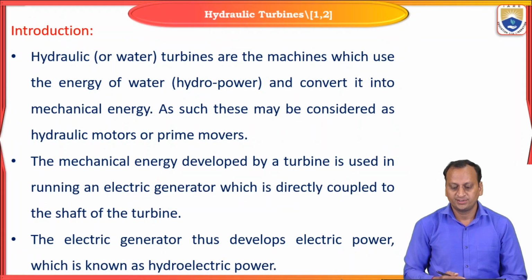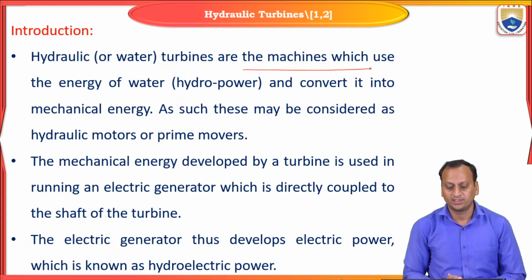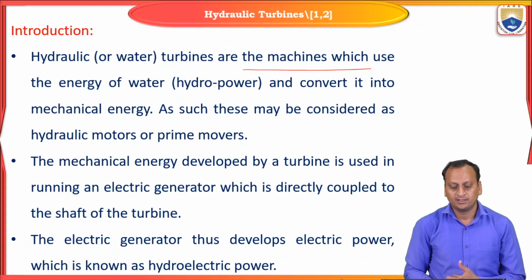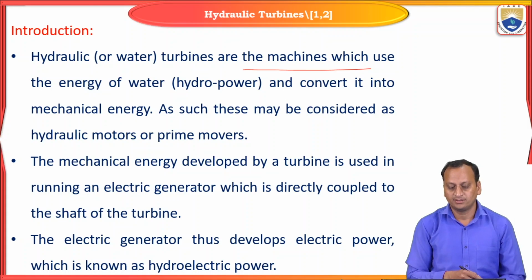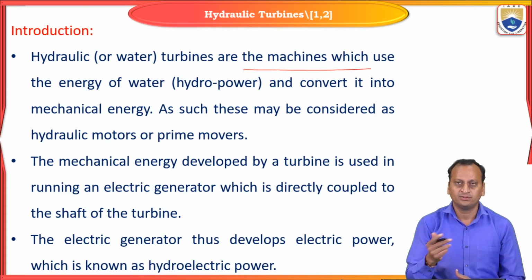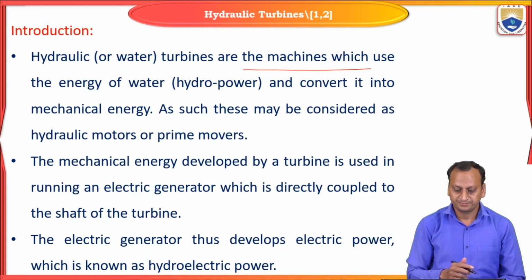The hydraulic turbines are machines which use the energy of water and convert it into mechanical energy. The turbine is basically which converts the hydraulic energy into mechanical energy. Again, that mechanical energy can be converted into electrical energy and so on.